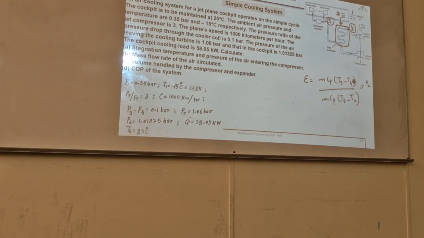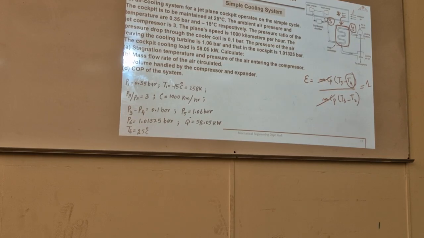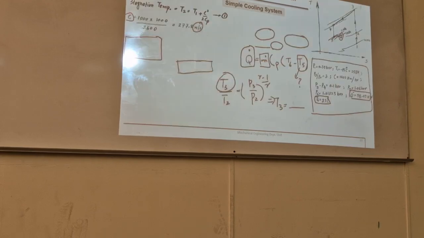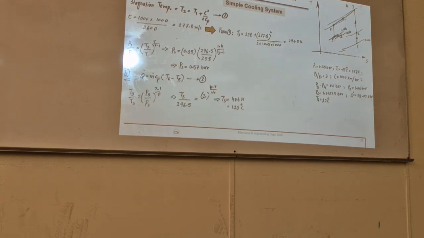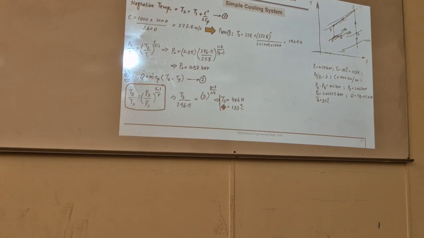So now I can find out T4. This m Cp will cancel with this one and we find T4. T3 and T2 we already calculated. So let's go back here. T3 is calculated using the isentropic correlation for compressor. Here is T3.